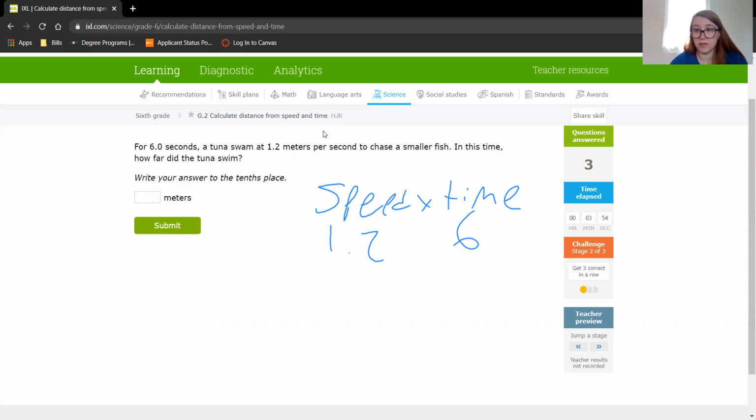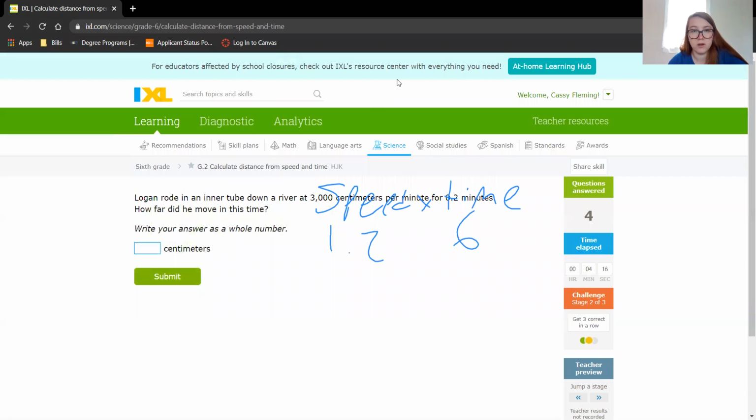I feel like you guys should know how to do that. I should know how to do it too, but I forget. Here's my calculator. 1.2 times 6. 7.2. Let's see. 7.2 meters. Look at that.